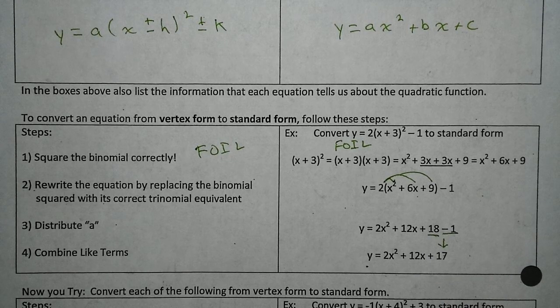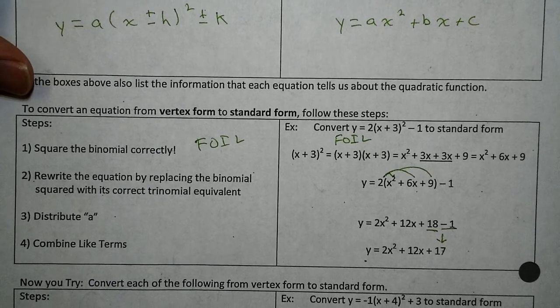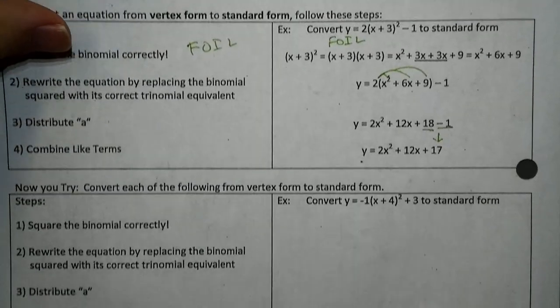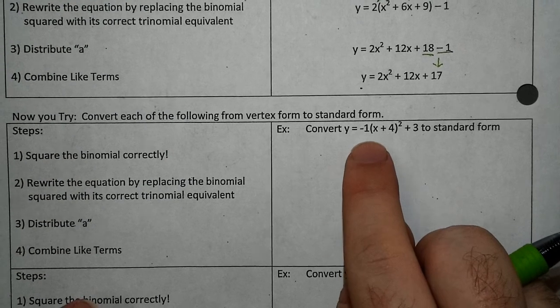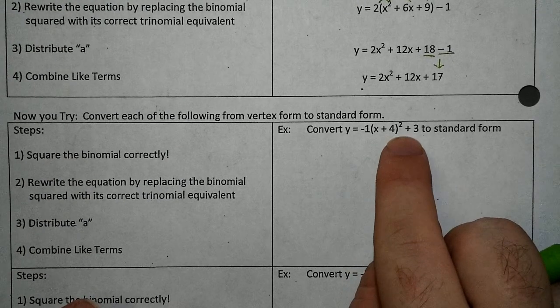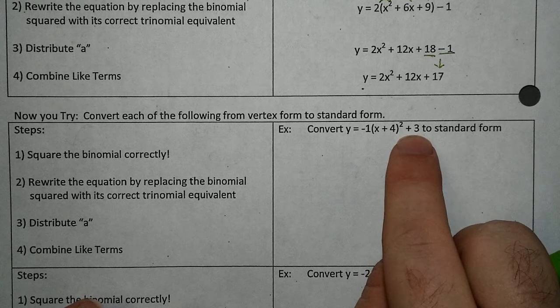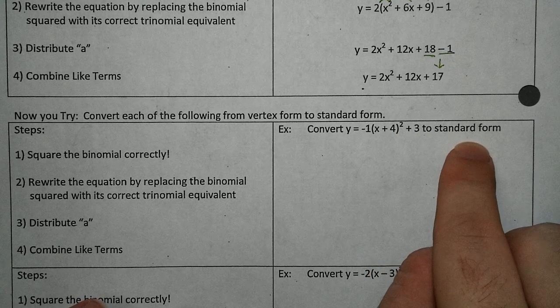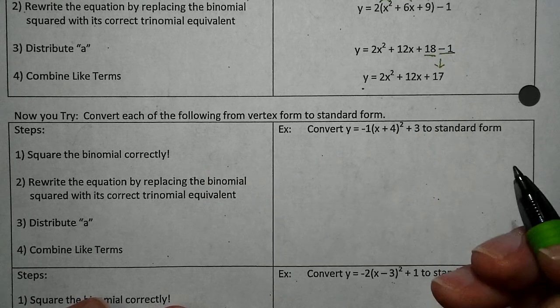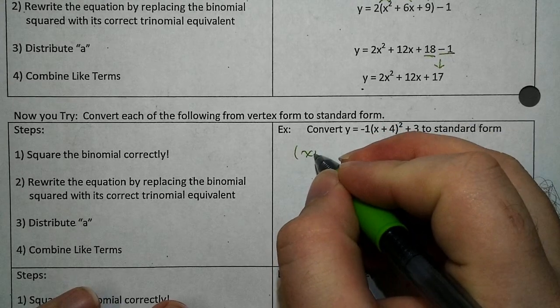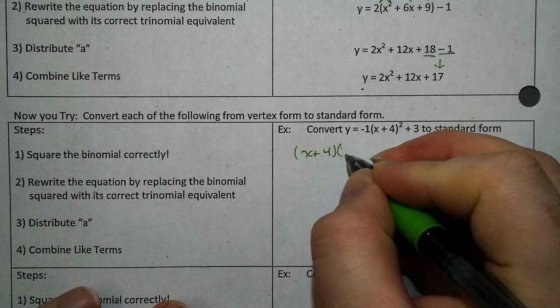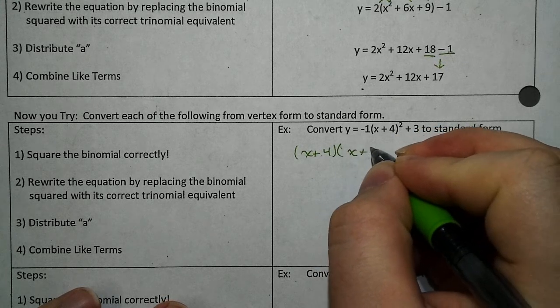All right, now let's try doing that together. So it says convert y equals negative 1, parentheses, x plus 4, close parentheses, squared plus 3 into standard form. First step, we still got to square the binomial. So that means we've got to take x plus 4 and multiply it by x plus 4.